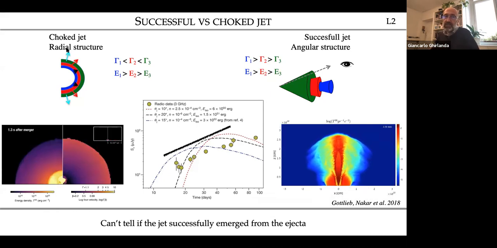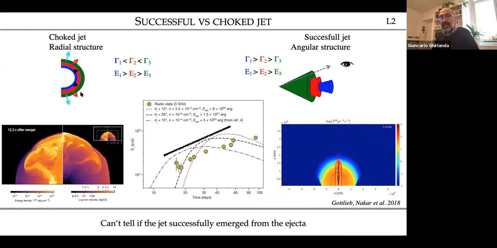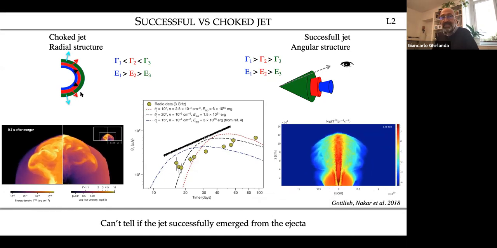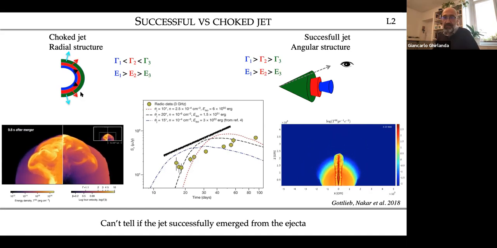In the case of a choked jet, the viewing angle is almost irrelevant, and instead it is mostly a dynamical effect, because it is due to the expansion that the light is released as the material becomes transparent.